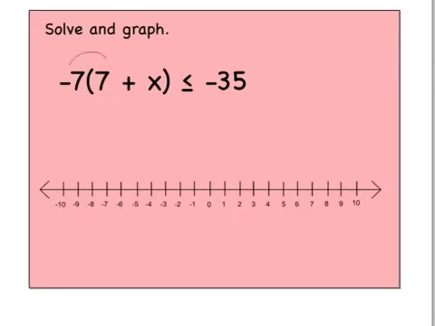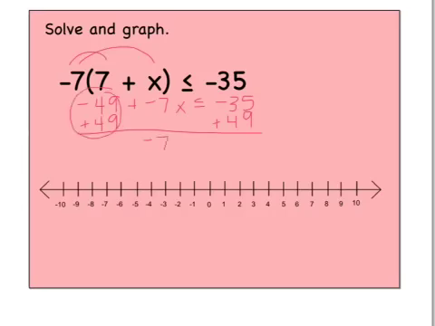Here we'll distribute again. We've got negative 49 plus negative 7x is less than or equal to negative 35. We'll have to add 49 to both sides. We get negative 7x is less than or equal to, we're doing 49 minus 35.